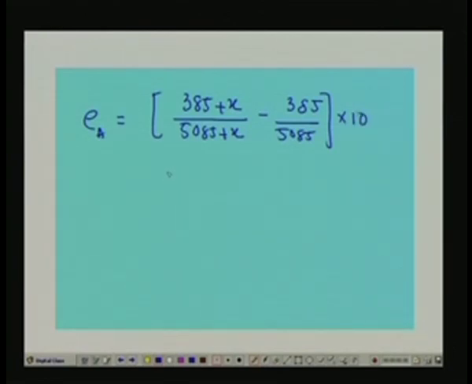X is the change in the resistance of the RTD. As X is very small compared to 5085, we can write approximately EA equal to 10X upon 5085, right.